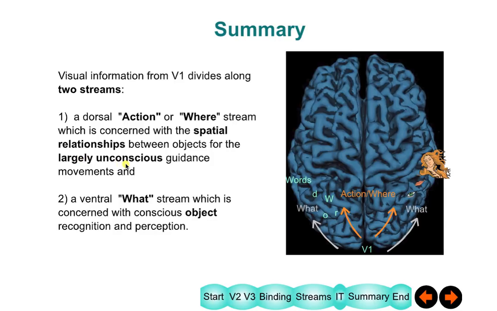I can reach for this mouse while I'm talking to you. I've been reaching for it all this hour, and largely I've done it unconsciously, as you do for your mouse. In contrast, with the what stream, you're conscious of who it is that you're looking at, the objects. So consciousness is an integral part of the what stream, and you use that for recognition and perception.